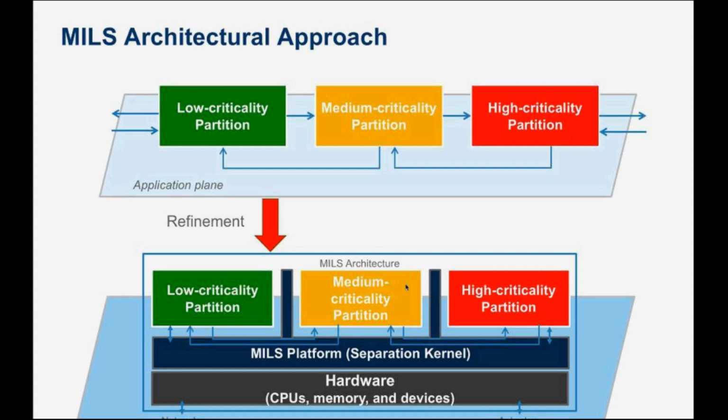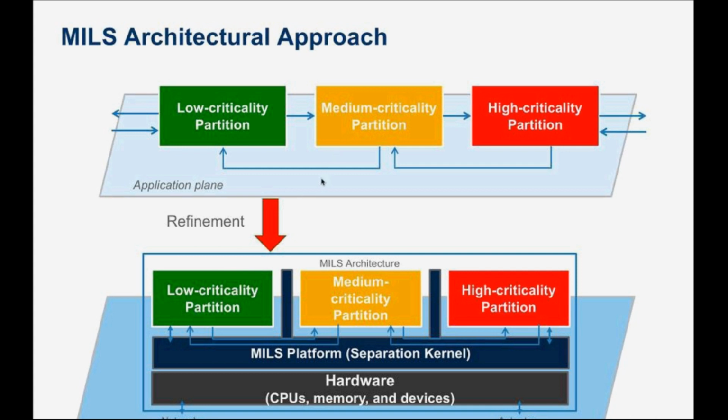You see these here. Each of these applications of different criticalities is put into its own partition. You also define communication channels that are allowed between partitions, such that you really implement what the architecture up here defined.